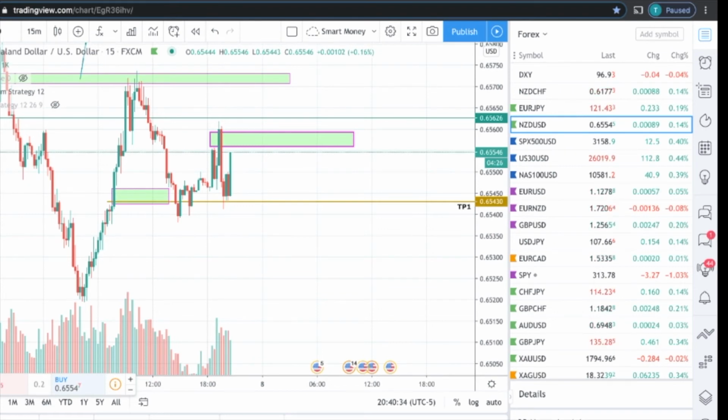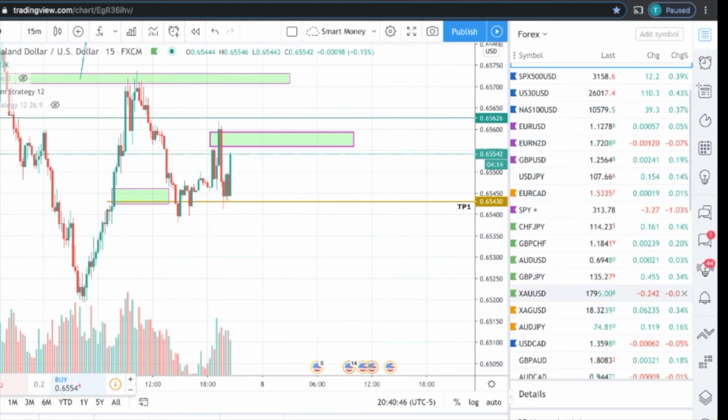Somebody's telling me to sell gold. Hold on, let's check gold really quick before we do this. XAUUSD is a sell gold at 1800.